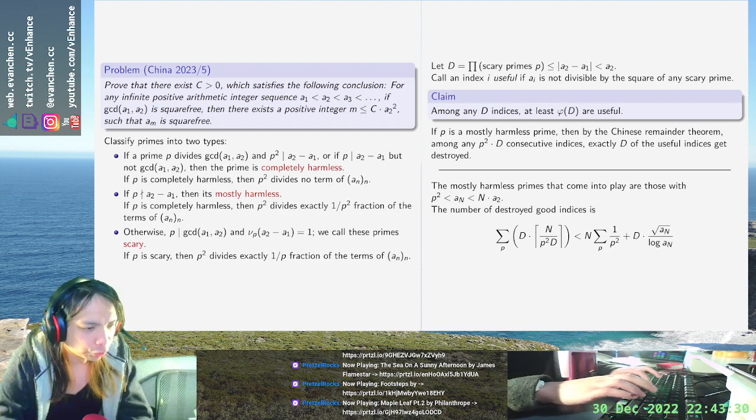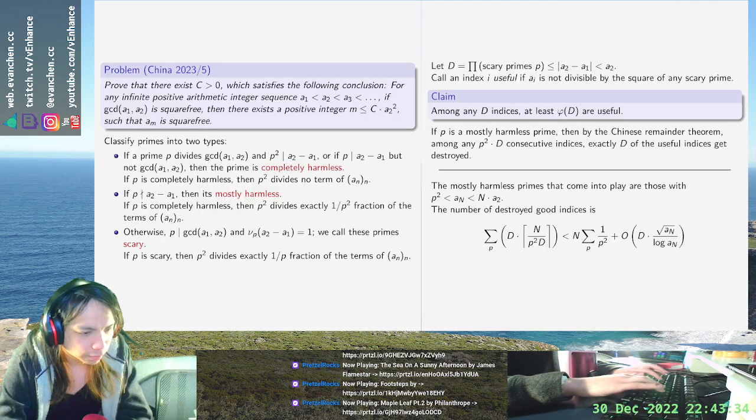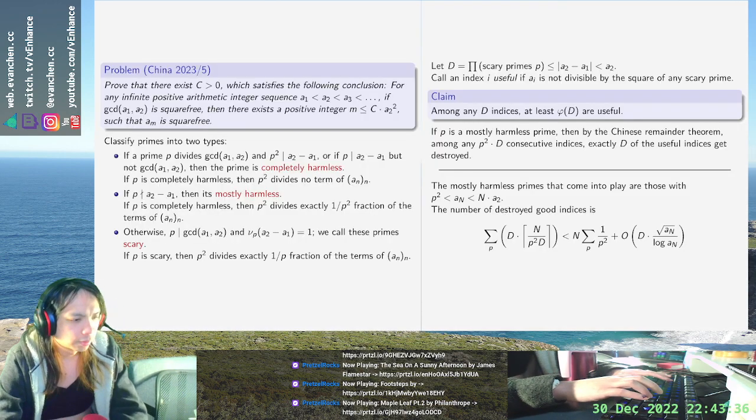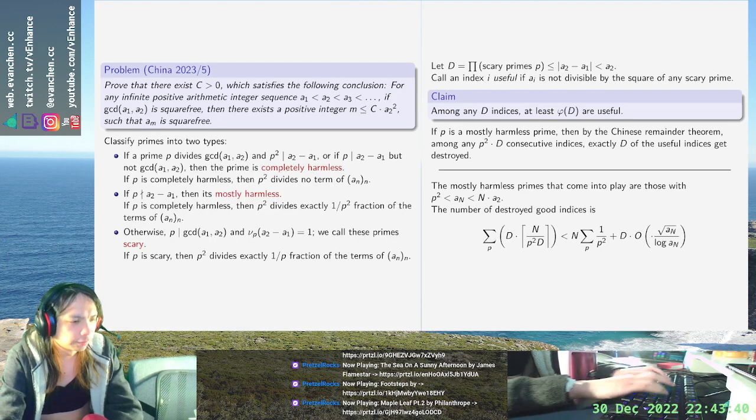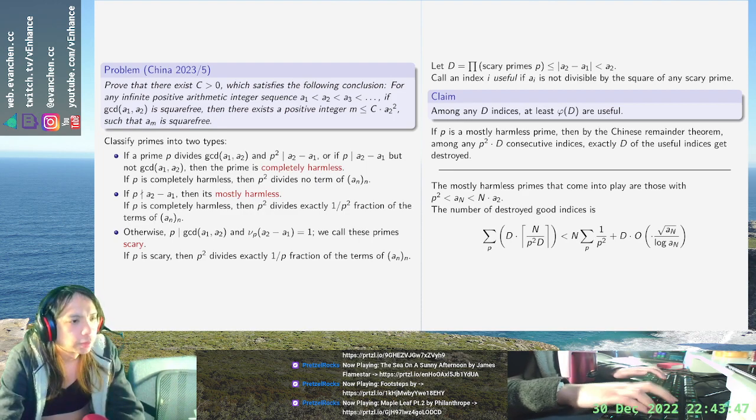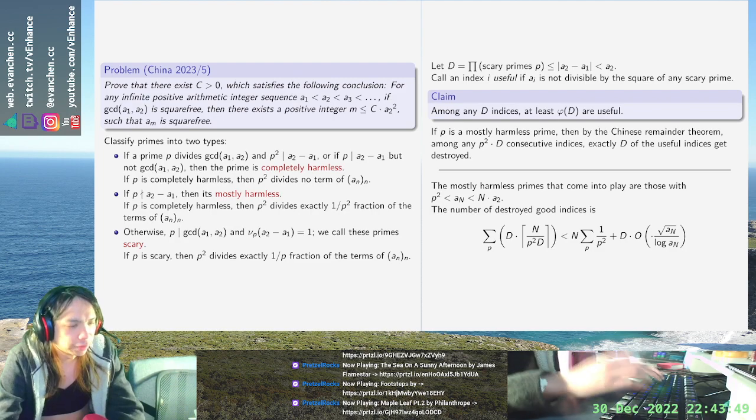So this is the number of destroyed good indices, and the number of good indices was at least... So among any d, at least phi of d are useful.